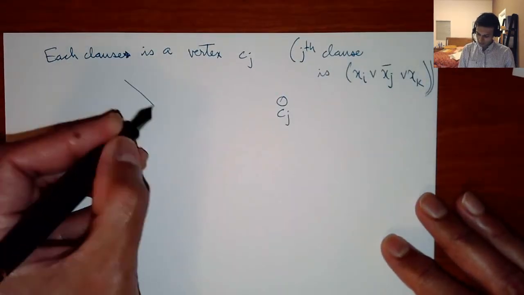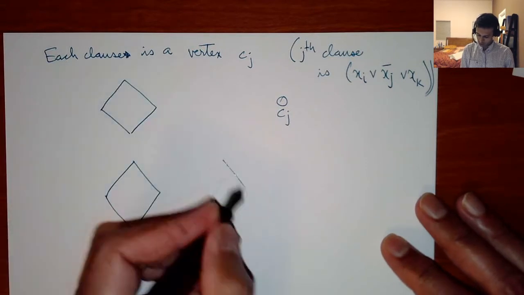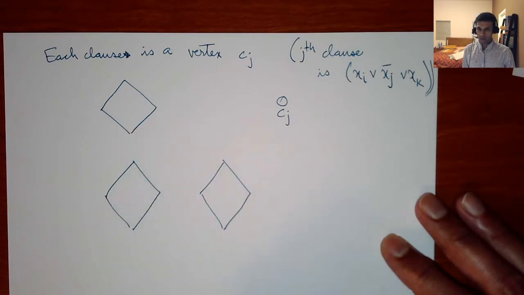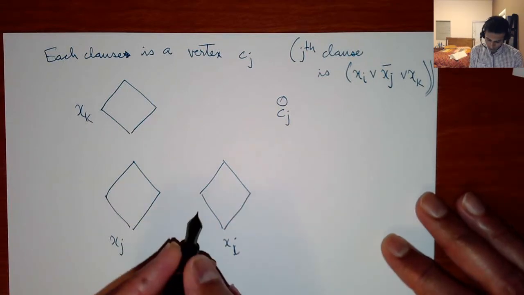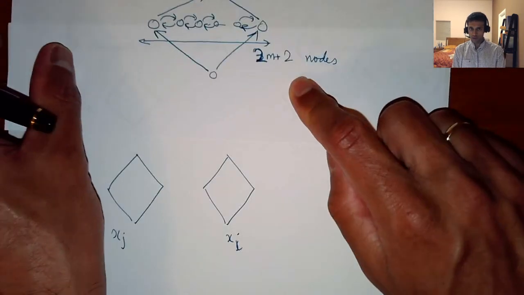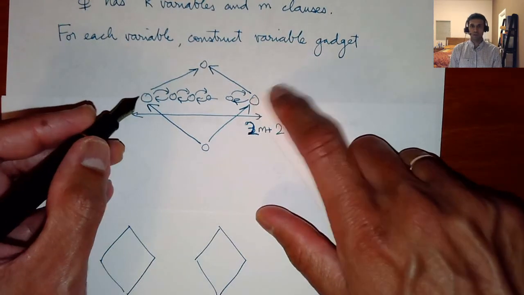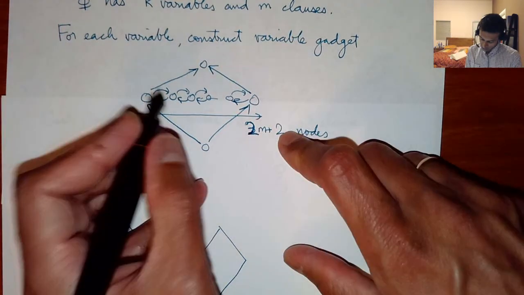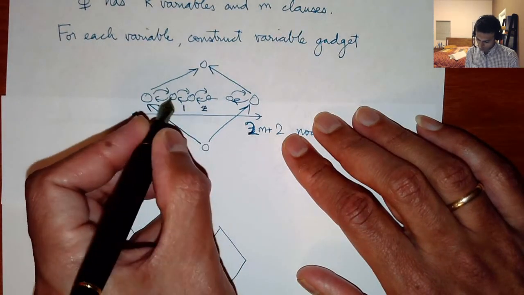So remember, there is this gadget for xi, xj, and xk. Now in the middle, if you recall, there were 2m plus 2 nodes. I'm going to ignore these two end nodes, which gives me 2m nodes.